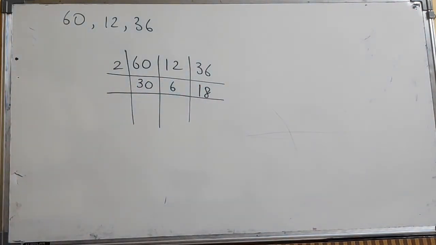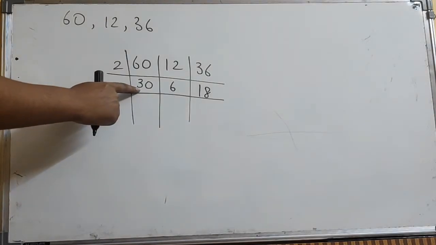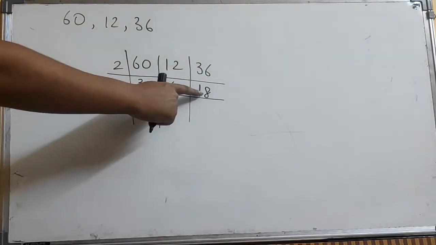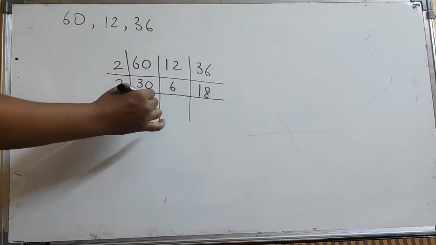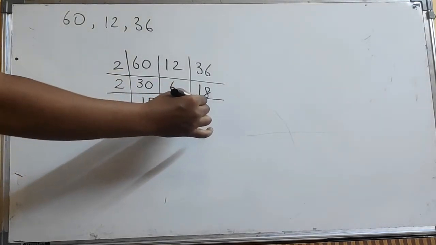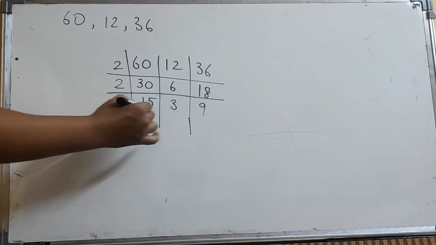Again, let us check for a common factor which can completely divide the three numbers. Again, 30 can be divided by 2, 6 can be divided by 2, also 18. So 2. So this becomes 15, this becomes 3, and this becomes 9.